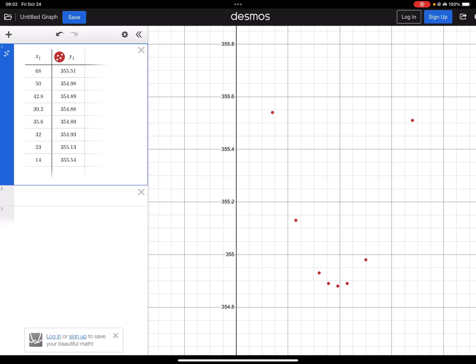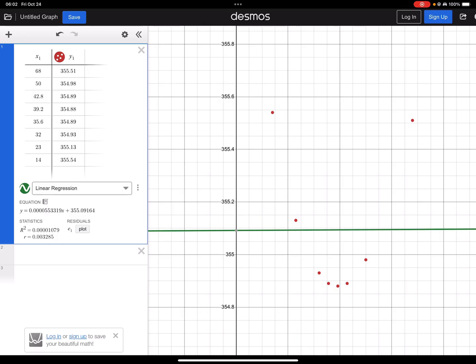Okay. What we need to pay attention to is what kind of shape these points are making. And notice it's making something that looks like a quadratic function. So we're going to run a quadratic regression. So now what we're going to do is we're going to click this. It has 4 dots with a line through it, and it says add regression.